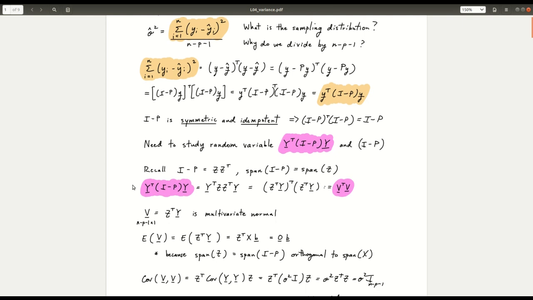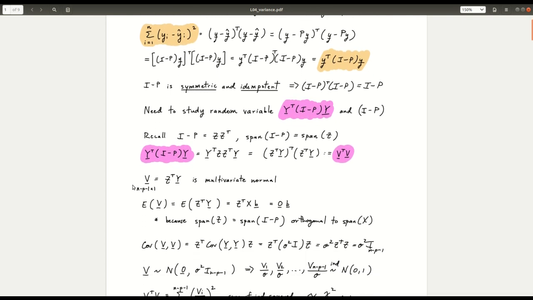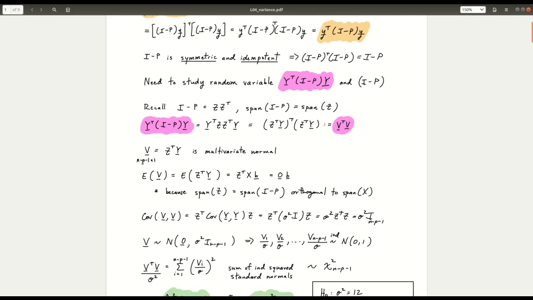Okay. So let's recall one of our facts about projection matrices. One of the facts is that if we have any projection matrix, we can write it as Z Z transpose, where there's some special facts about Z. So Z has orthonormal columns, and the span of the columns of Z is equal to the span of the projection matrix.